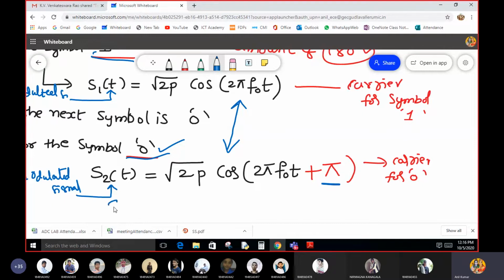So S2 of t is written as root 2P, which is nothing but the power of the signal, and cos of 180 degrees plus theta, which is minus cos theta, so minus cos 2 pi f naught t.